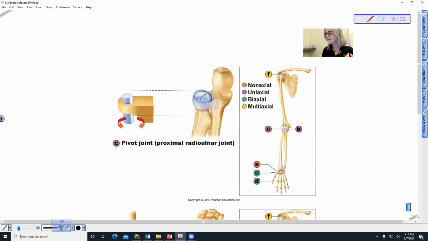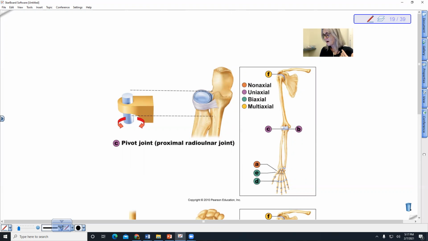And so that rotation of that head is the movement of the pivot joints. Pivot joints are really only rotating around one axis. So that is also uniaxial. So it's only one range of motion.